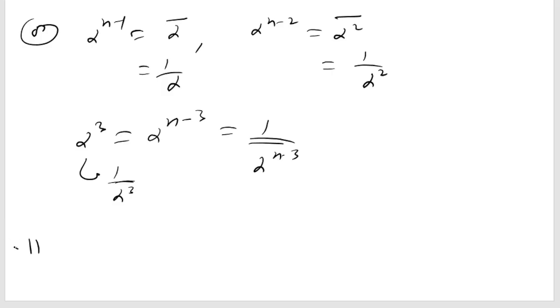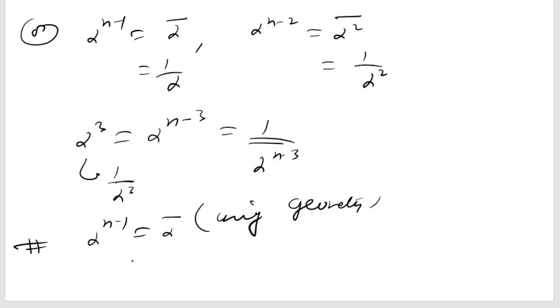We can also observe this: alpha to the power n minus 1 is alpha bar, which we proved using geometry in the previous slides. We can also say that alpha to the power n minus 1 is alpha to the power n upon alpha, and alpha to the power n is 1.